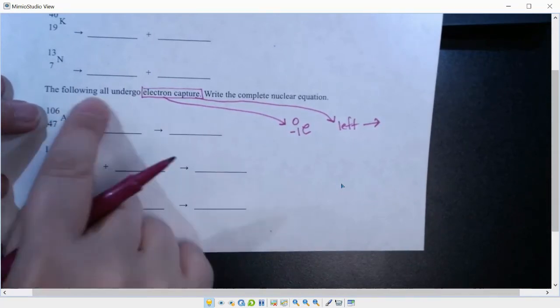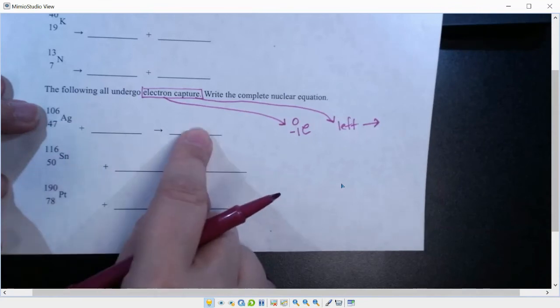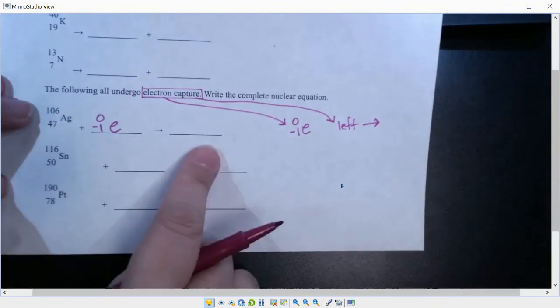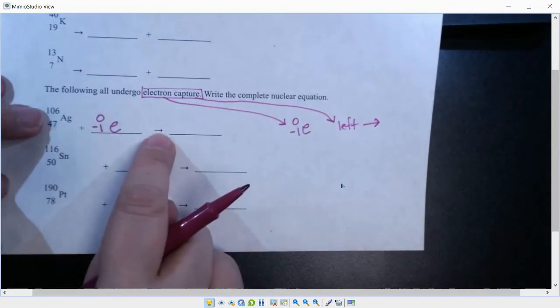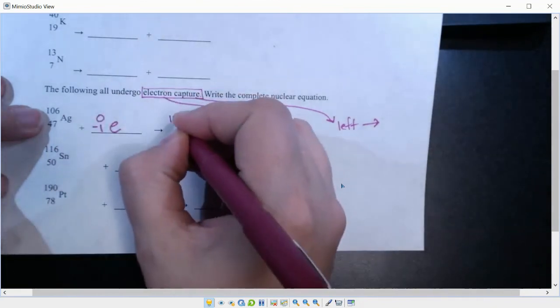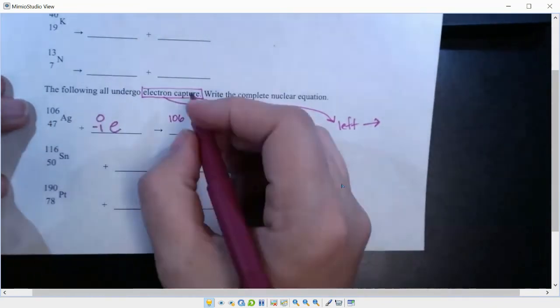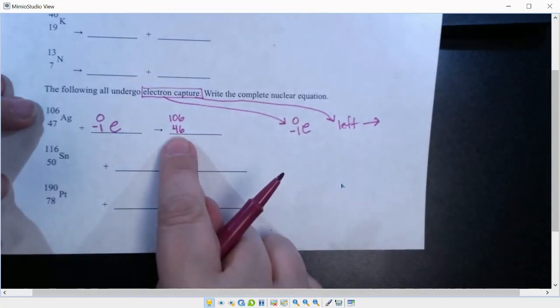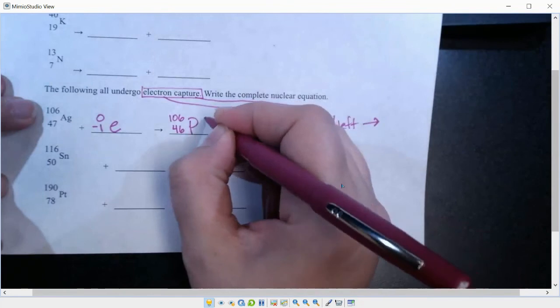It combines with an electron to make something new. So we're going to put that electron on the left, and then we'll do our math. Since the arrow's over here now, we're going to do 106 plus 0 equals 106, and then 47 plus -1 equals 46, and then we use that atomic number to find that 46 is Pd.